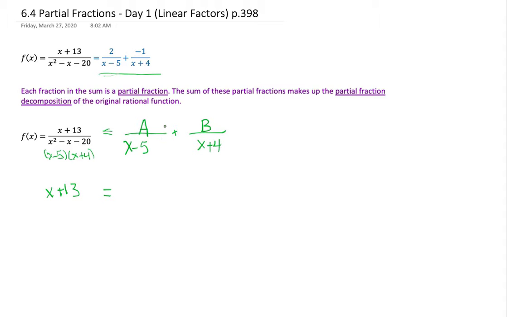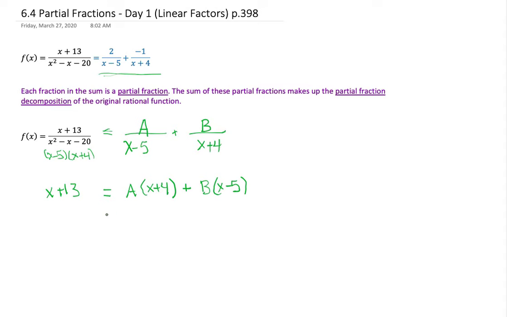For instance, this A over x minus 5 is missing an x plus 4 in order to get x minus 5 times x plus 4. So to complete that, we'll have to multiply this A by the x plus 4. I'm going to write that out, and then we have a plus. The B partial fraction is missing an x minus 5, so I'm going to write it as B times x minus 5.